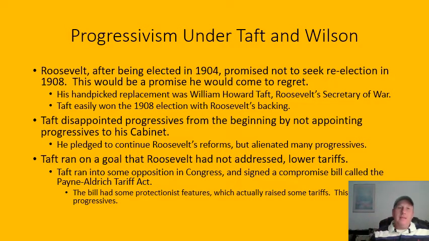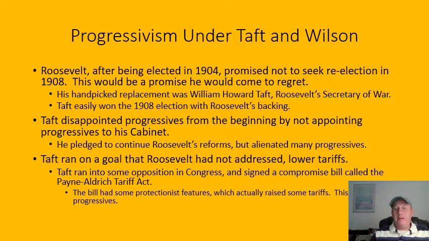Taft ran into some opposition in Congress when he wanted to lower these tariffs, and instead of sticking to his guns, he signed a compromise bill called the Payne-Aldrich Tariff Act.